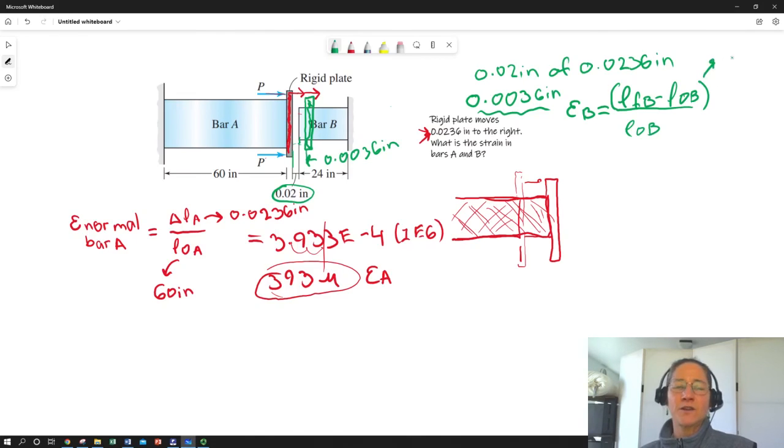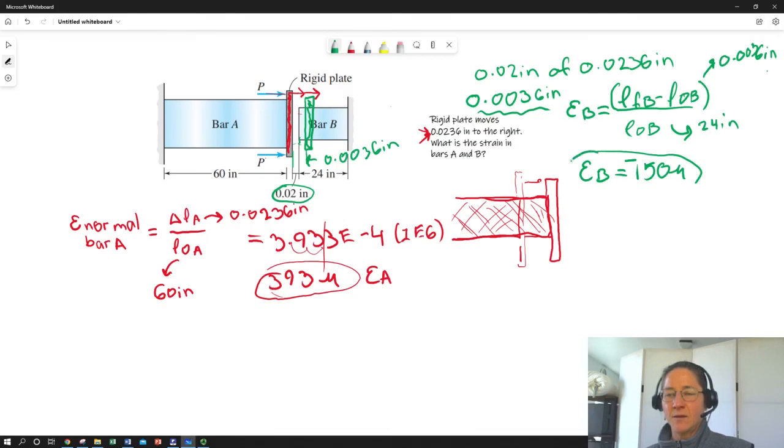So the numerator of our strain expression is simply 0.0036 inches, and our denominator is the original length of 24 inches. And when we run that ratio, we end up with, again, in the hundreds of microstrain. We'll just multiply it out to make sure. So we have 0.0036, enter, 24 divide, 1 times 10 to the 6 times. Yep, confirmed, 150 microstrain.